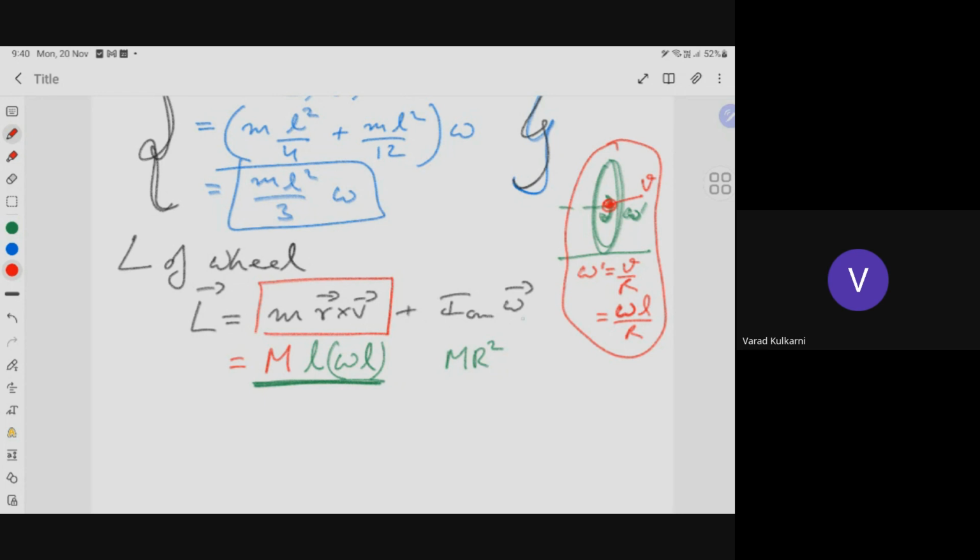So I(CM) omega becomes m r square times omega L by r. This is this part. This is this part. So I'm just going to make it a little more tidy and write it as m L square omega, and this part I'm going to write as m r L omega.